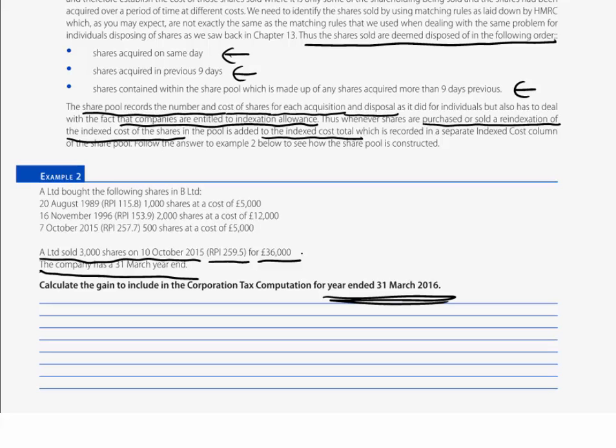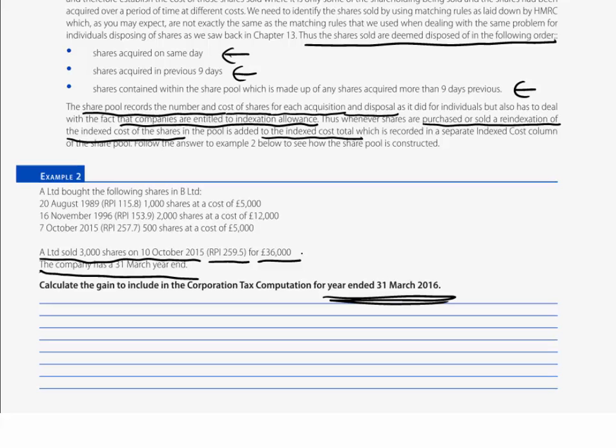Remember our order of identification: shares bought on the same day. So we'll check to see whether any were also bought on the 10th of October 15. Otherwise, were there any acquired within the previous 9 days? So previous 9 days, that will take us back to, what, the 1st of October there. If there are any such acquisitions in that period, then they will be individually identified.